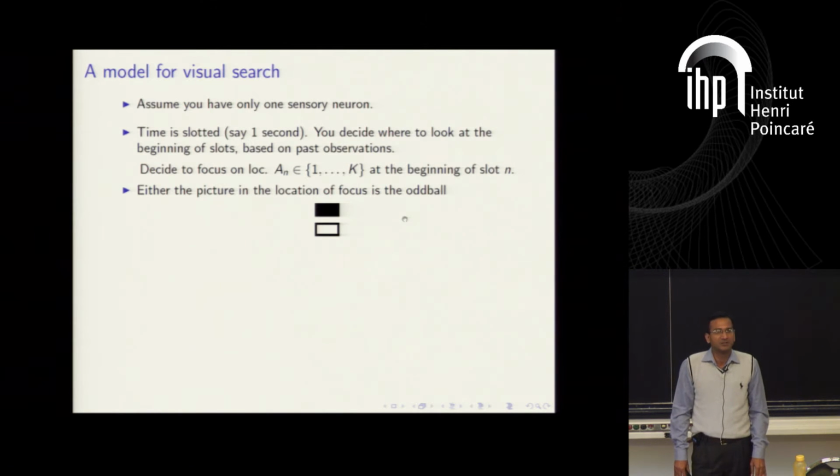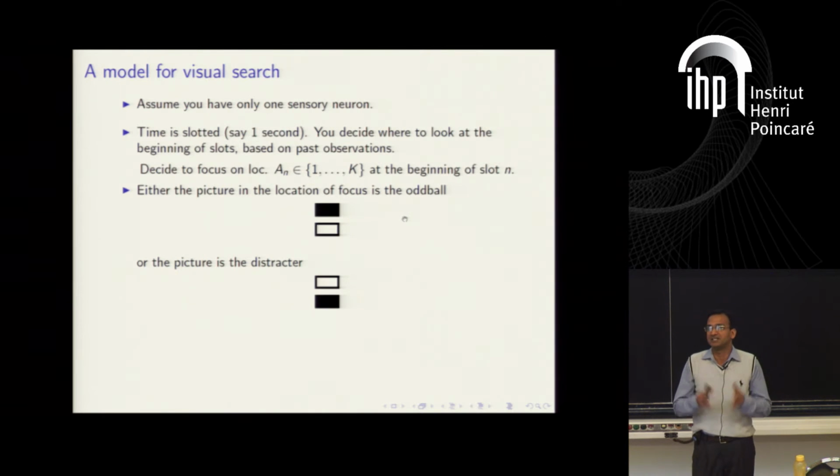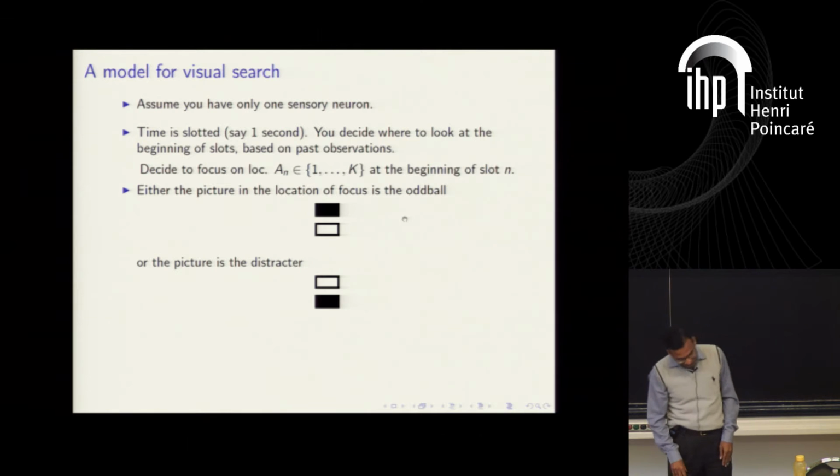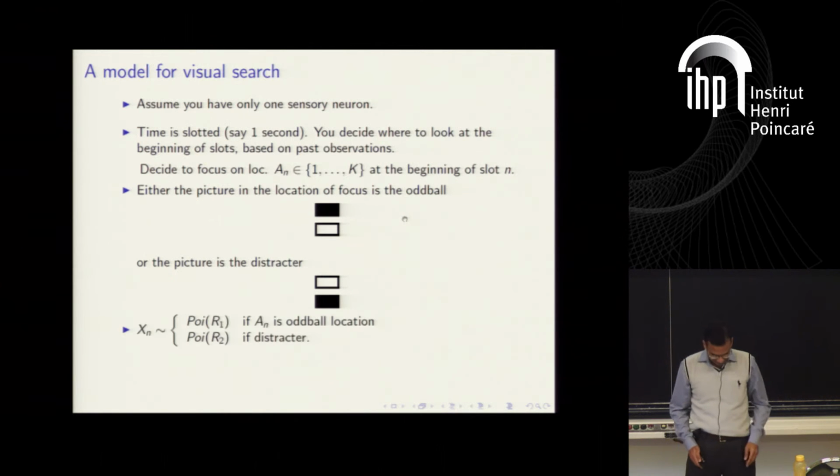Now, when you look at a particular location, the object there is either the oddball, which is the solid rectangle on top of the white rectangle, or it is the distractor. I call the other 19 objects, other k-1 objects, distractors. And these distractors are of a different variety. Now, what is the observation that you get?